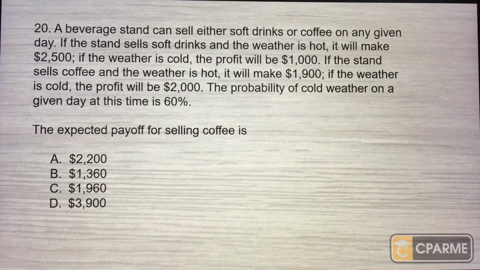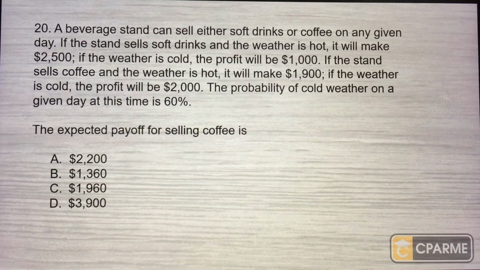But if the weather is cold, the profit will be 1,000. If the stand sells coffee and the weather is hot, it will make 1,900. If the weather is cold, the profit will be 2,000. The probability of cold weather on a given day at this time is 60%. So meaning to say, the probability for hot weather is 40%: 100% less 60% equals 40%.